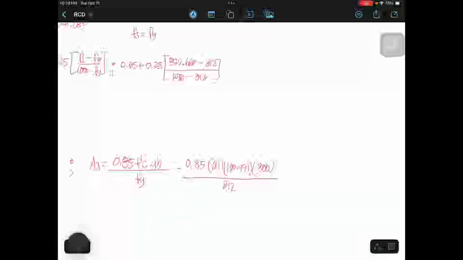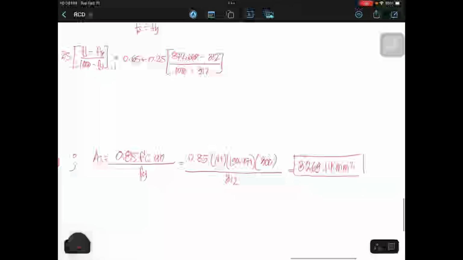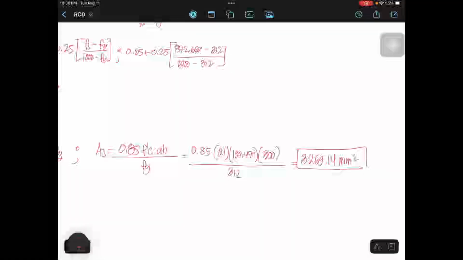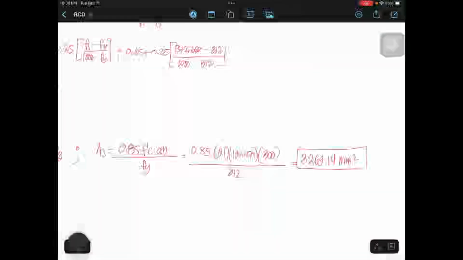So the area of steel reinforcement needed is 0.85 times 21 times 190.471 times 300, divided by 312. We have 3,269.14 millimeter squared. Okay, so this is our area of steel reinforcement needed.